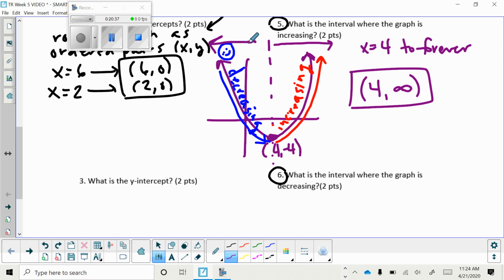But remember, when you're writing interval notation, you have to write the smaller value on the left and the bigger value on the right. So small on the left, comma, and then big on the right. So the biggest x value for the decreasing side is 4. So we know that's going on the right.